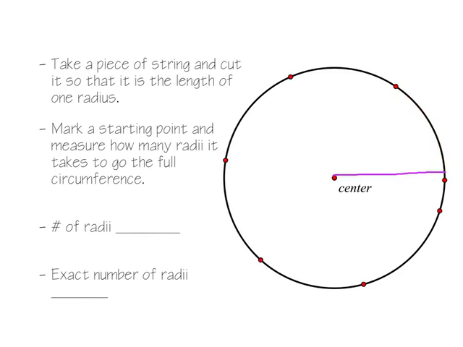You're going to see that regardless of your circle, you're going to have 1, 2, 3, 4, 5, 6, plus a little bit for the number of radii around the circle. So I'm going to say that you get about 6.